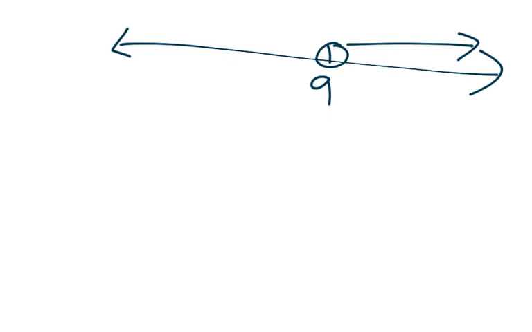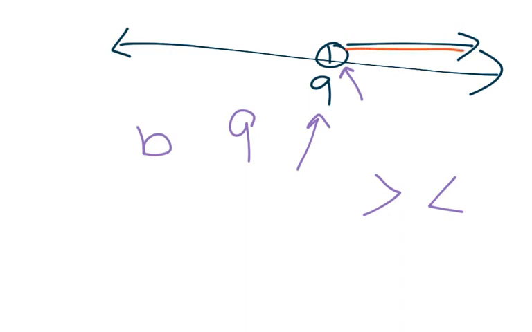In every inequality, you need a variable and you need the number that the circle is on. So here I have b and 9. I know based on that open circle that I'm going to use one of those two symbols. So to check this, I see that my arrow is going this way. What number might be to the right of 9?